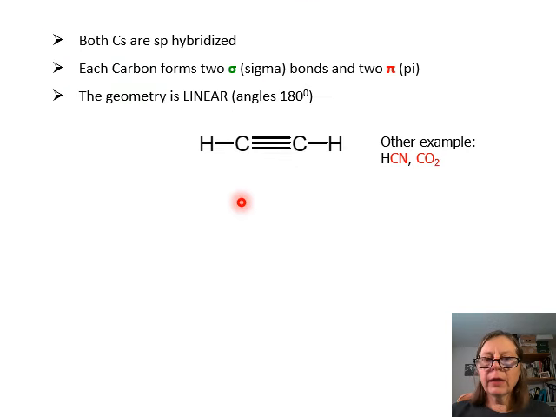So to summarize, the 2 carbons in acetylene are sp hybridized. Each carbon forms 2 sigma bonds and 2 pi bonds. This will always be the case for carbon when it makes a triple bond. It is linear, sp hybridized, forming 2 sigma bonds and 2 pi bonds.